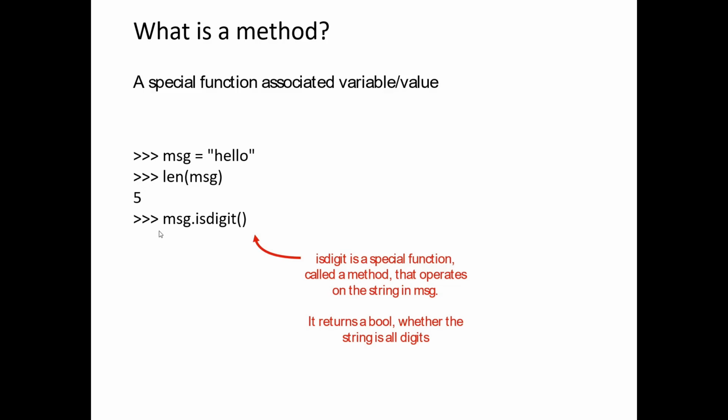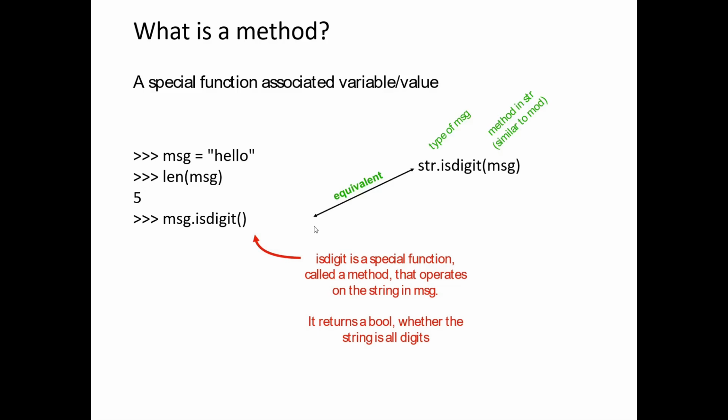Python knows that this is a string, and I can call the function using this dot operator. The isDigit function is just going to determine whether all of the characters in the string are digits, 1, 2, 3, all the way up to 0. In this case, none of these are digits, so this function will return false.